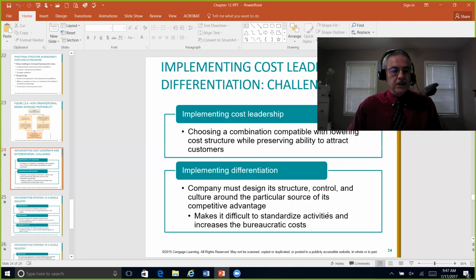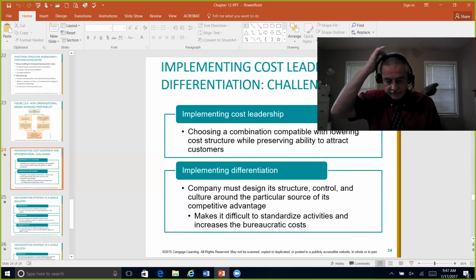So we're almost done with this presentation, ending up here with implementing cost leadership and differentiation challenges. If we're looking at implementing cost leadership, it's really about becoming the lowest cost producer in the industry by reducing cost across the board in all functions of the organization.